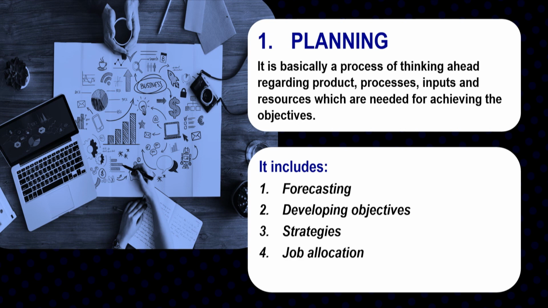Number 4, job allocation, that is assigning functions to the human resources and machines. And finally, number 5, determining the resources like human resources, materials and finances required to carry out action steps and achieve the objectives.